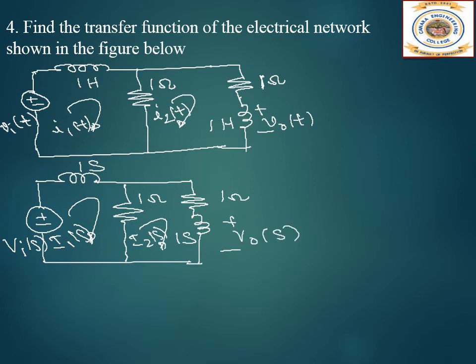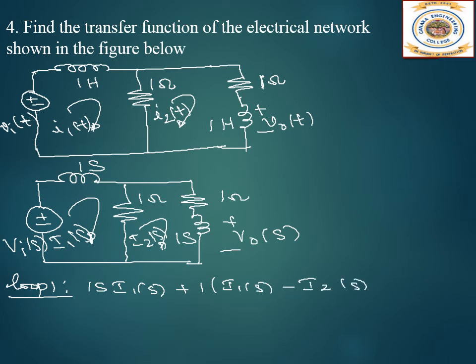Applying KVL to loop 1, I can write the loop 1 equation as: inductor 1S into I1 of S, plus the resistor 1 into I1 of S minus I2 of S, equal to Vi of S. This is equation 1.